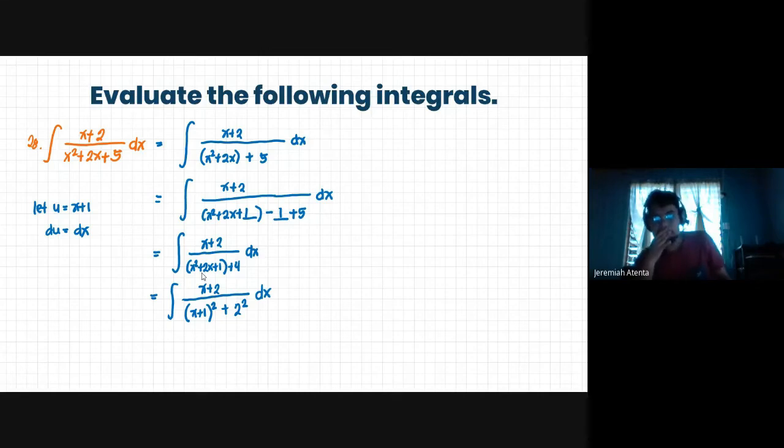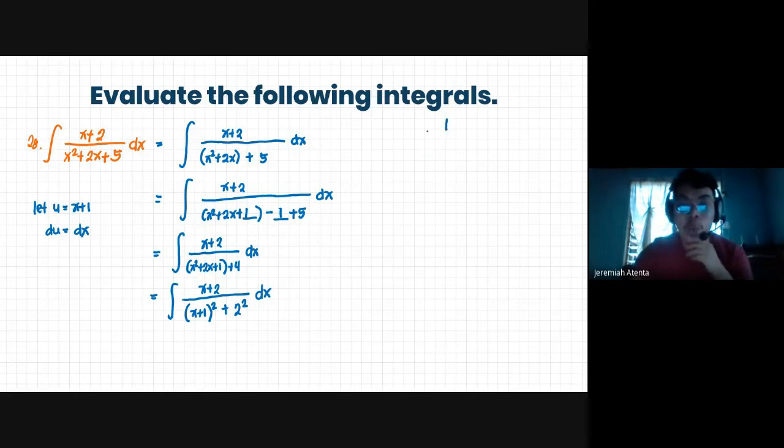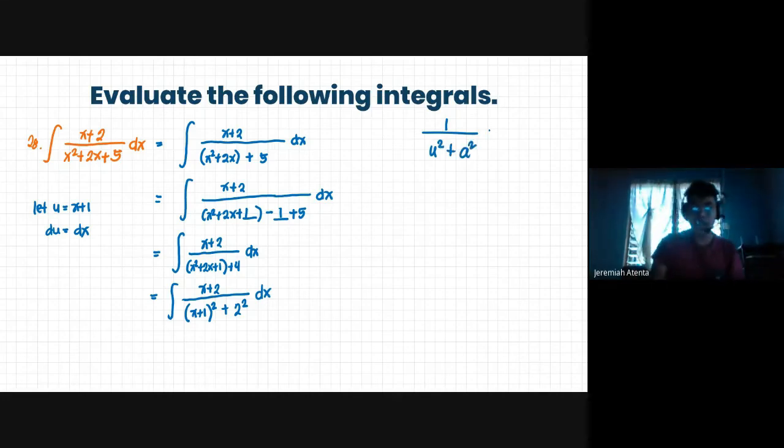Ano kaya yung gagawin natin? So that magiging 1 na lang yung isa. Our goal is dapat makakakita tayo ng 1 over u squared plus a squared. Ito dapat yung goal. Ano kaya yung dapat gawin natin?